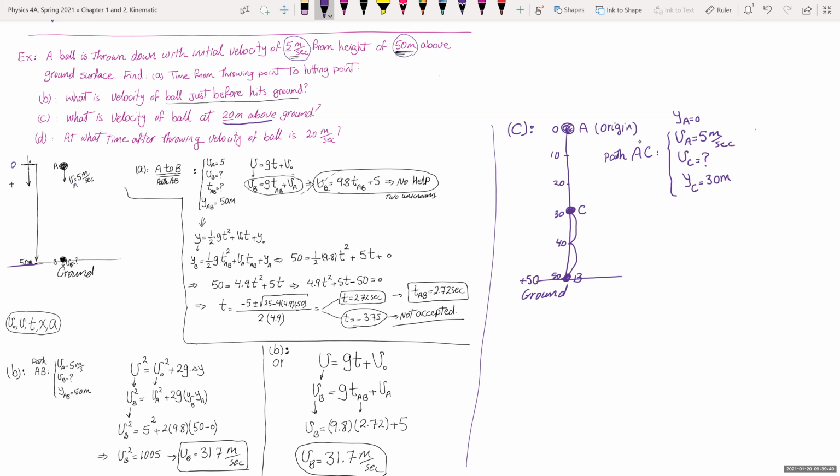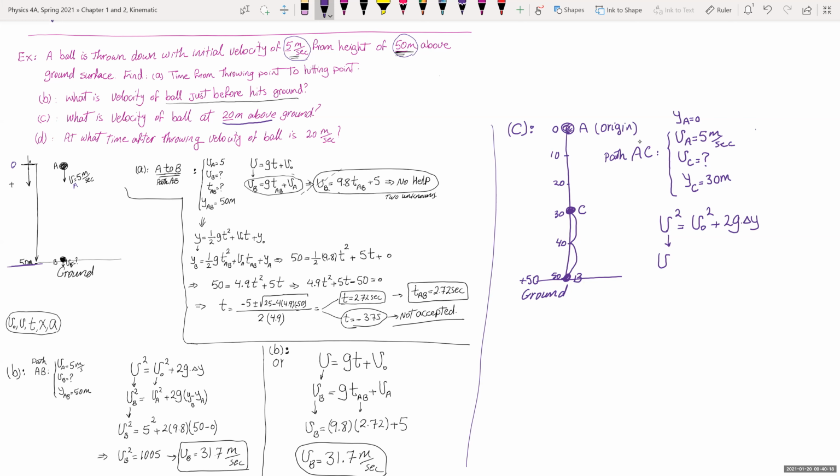So let's see how we can do this again. We do have the initial velocity, we do have the height, and we want the final velocity. So I believe this equation is the best one. Alright, so watch it now. V is velocity. Which one? Final.